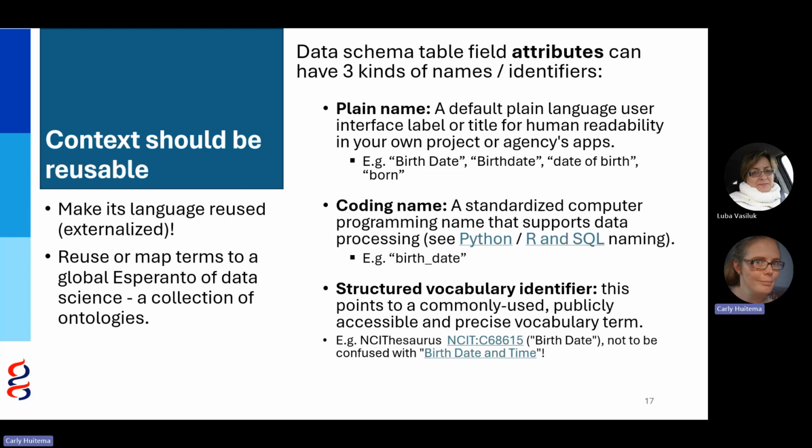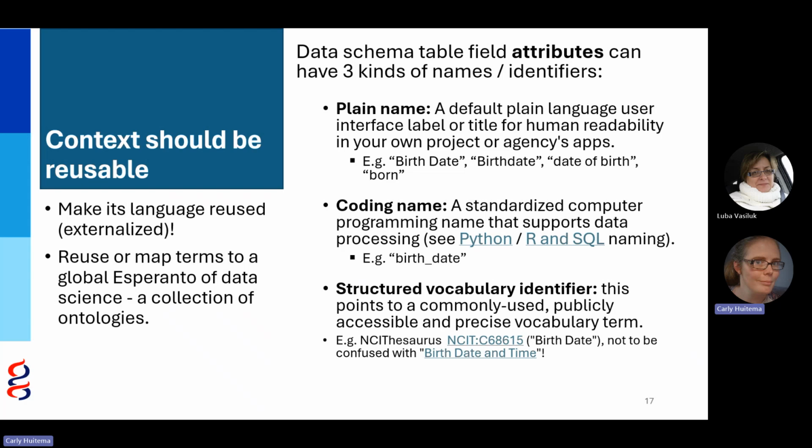So a coding name is a standardized computer programming name, supports data processing, and there are actually standards out about that within the Python and R world, for example. So looking at those two programming and analytic environments, well, it turns out they have the same standards pretty much for naming. So we're going to be advocating that our projects use these coding names so that programmers don't have to, and statisticians don't have to futz with the names to get them to fit into their applications. No needing to hire people to transform that level.